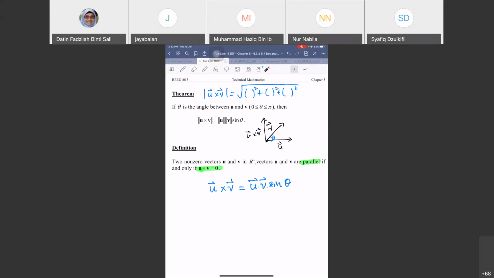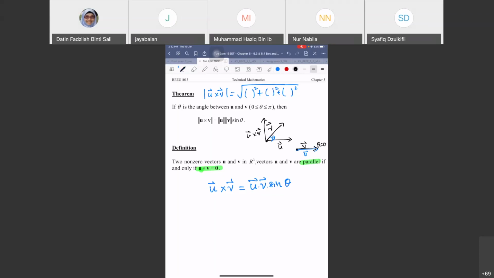Imagine that theta is 0. What happens to the two vectors, u and v? Vector u is here, and vector v is also here, on the same line. They overlap and coincide, which is where theta equals 0.